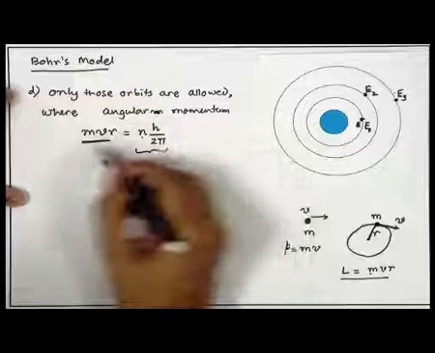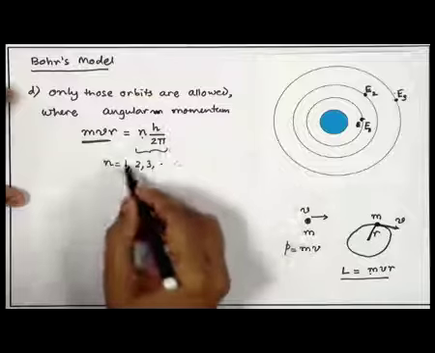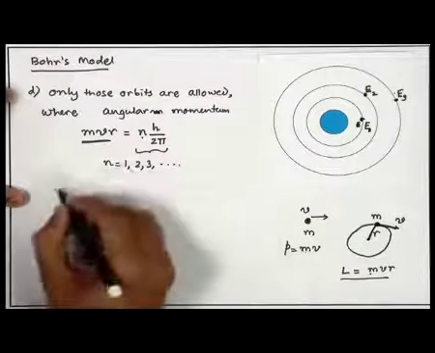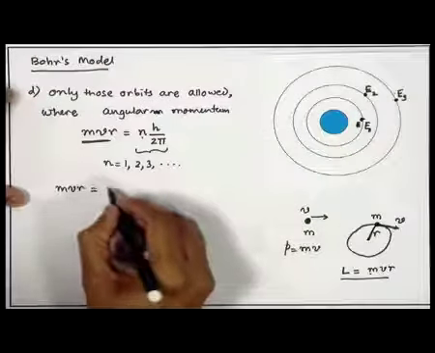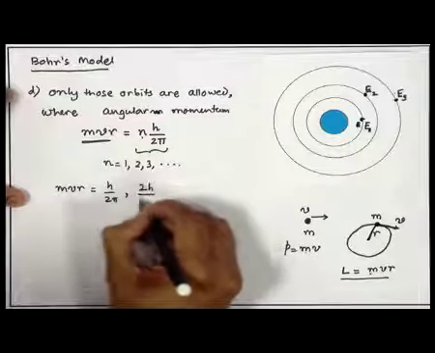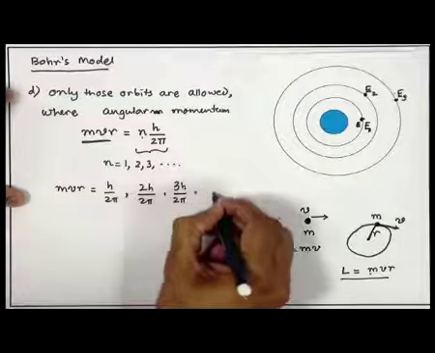So, we see that the angular momentum is essentially a constant, but the value of this constant depends on the value of n. So, mvr, the angular momentum of the orbiting electron, can either be h by 2 pi or 2h by 2 pi or 3h by 2 pi and so on and so forth.